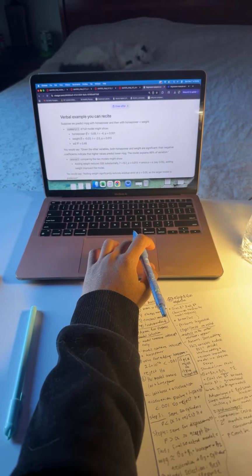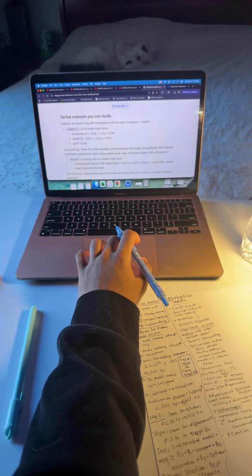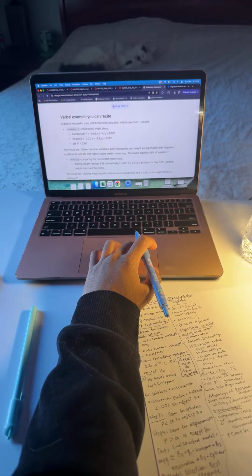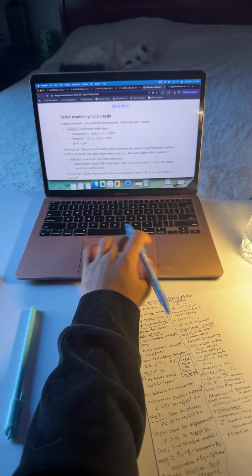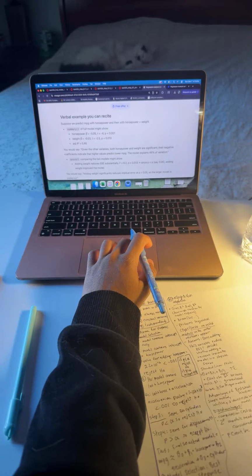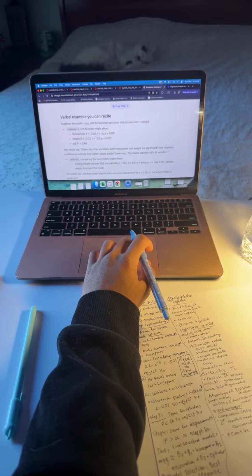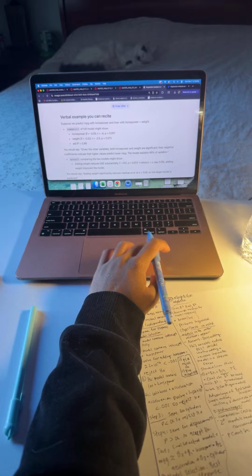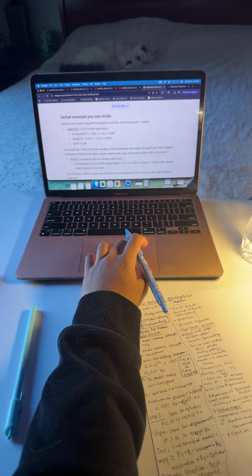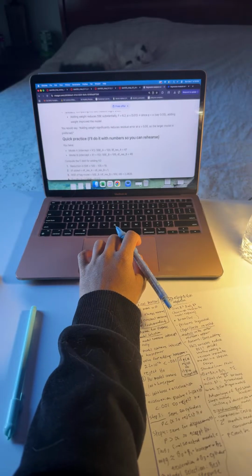Summary: a full model might show horsepower beta hat equals negative 0.05, t equals negative 4, p is less than 0.05. You would say, given the other variables, both horsepower and weight are significant. The negative coefficient indicates that higher values predict lower MPG. Whoa.